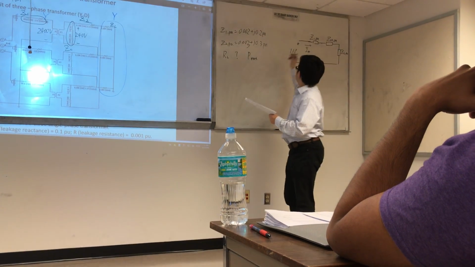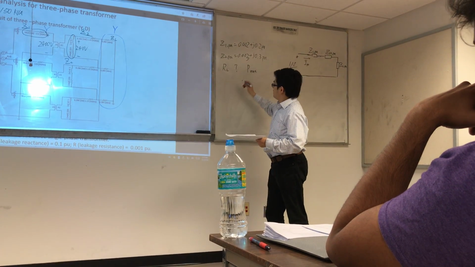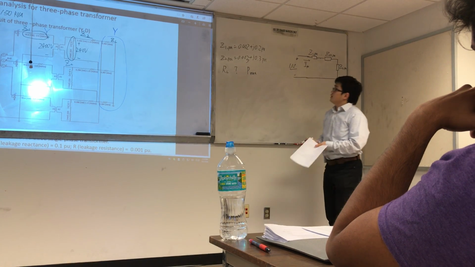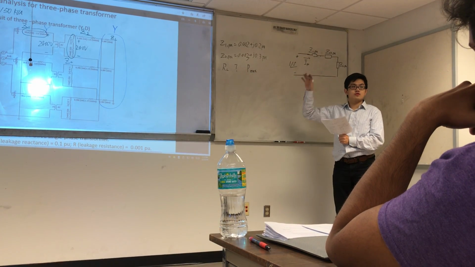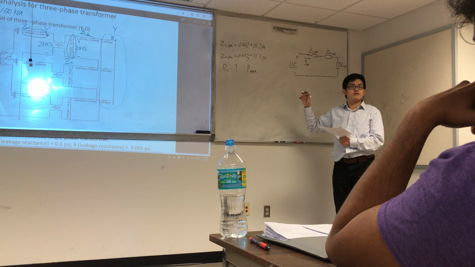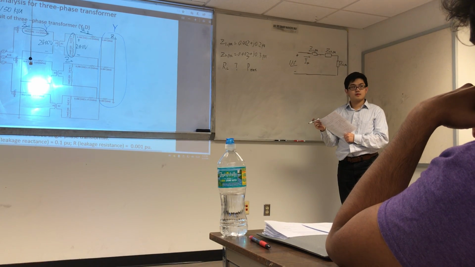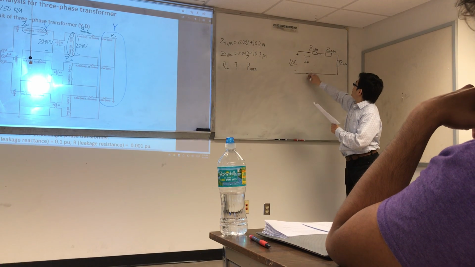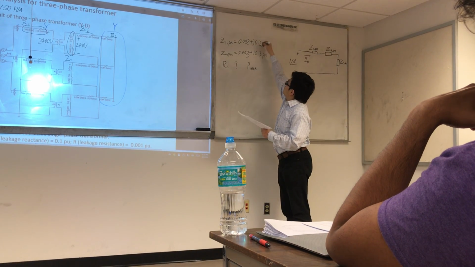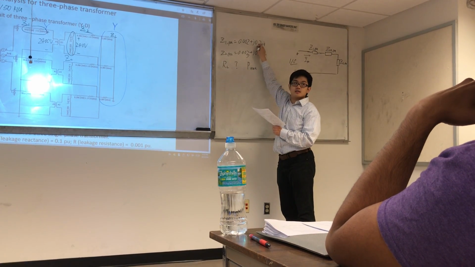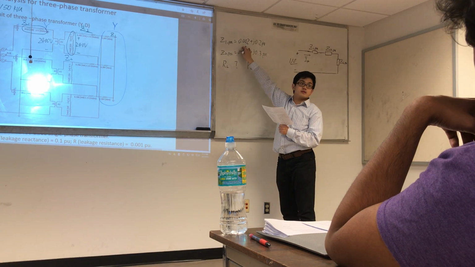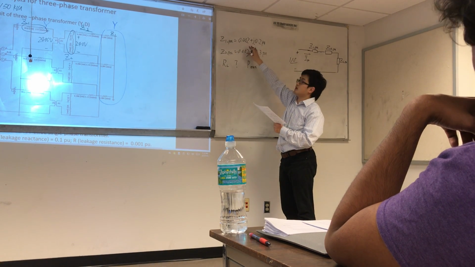Okay. First, we need to find the current. Let's simplify more. For this one, you can find your imaginary part is much larger than your real part, about 100 times larger.